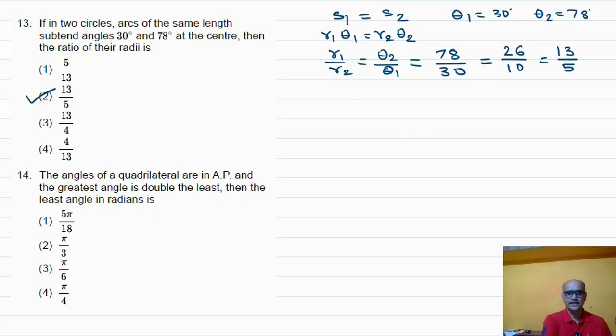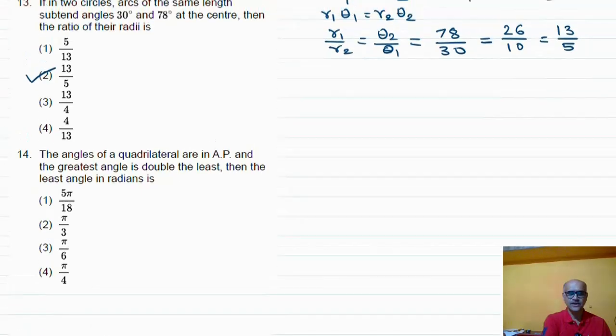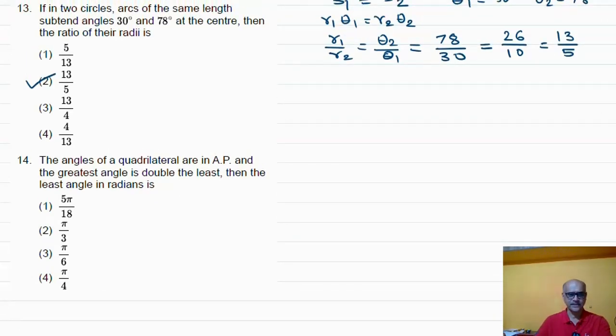Clear? Next, 14th. The angles of a quadrilateral are in AP. If I take a quadrilateral, there are 4 angles and the sum of those 4 angles will be 360. AP means arithmetic progression. I will write the 4 angles as x minus 3d, x minus d, x plus d, and x plus 3d.